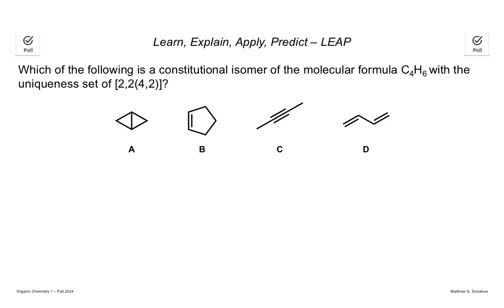Which one has the uniqueness set of two unique carbons, two sets of hydrogen, and then the ratio of 4 to 2?